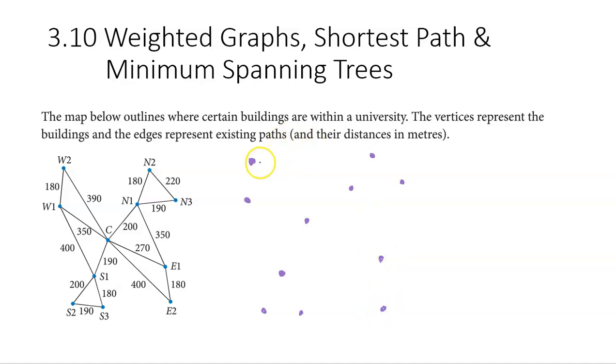When you draw the vertices, after that, please label W2, W1, C, S1. How are you going to draw the spanning tree? Remember, this is your original diagram. You want to draw a tree, and make sure there are no multiple edges and no cycle formed as well.